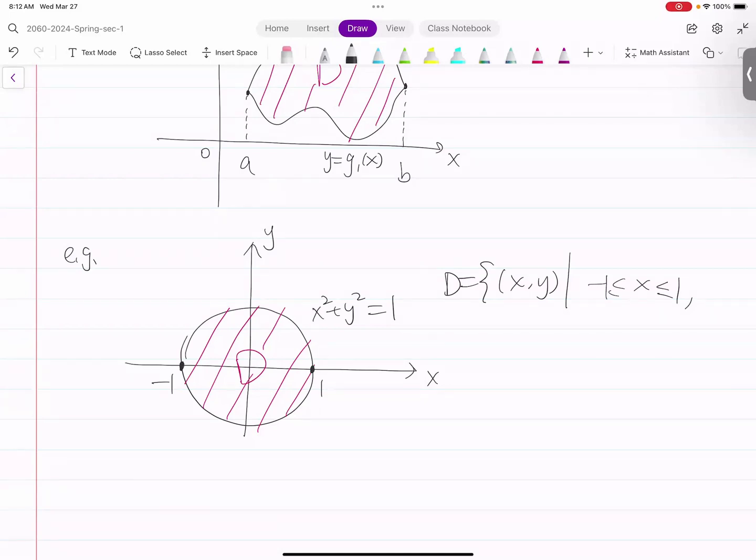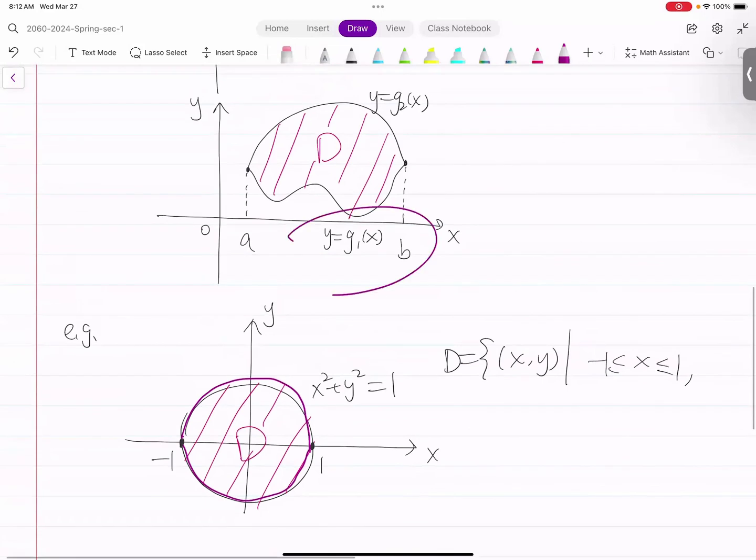But then we need to decide g1 and g2. So g1 is the lower bounding curve as a function, and g2 is the upper bounding function of this circle. Then you need to solve for the y value, because here g1 and g2 are functions in terms of x, representing the y value.